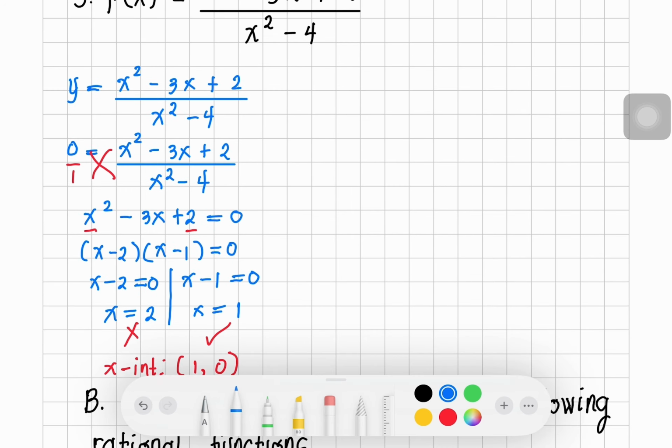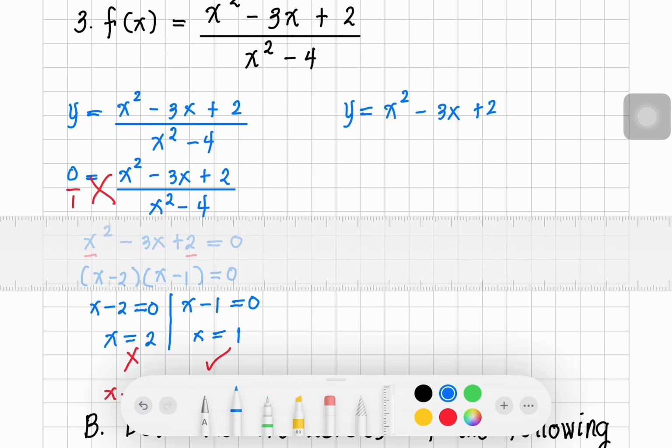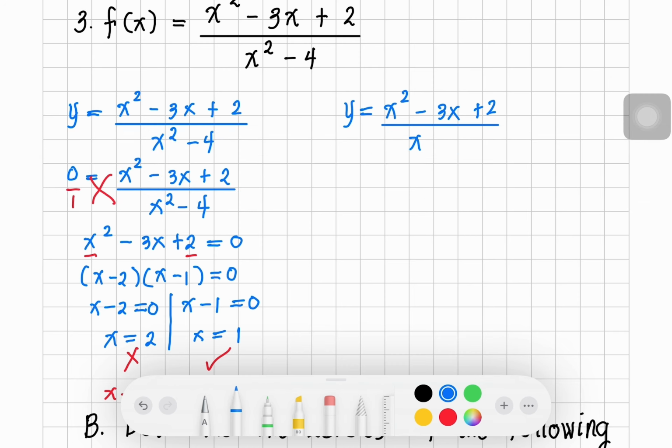Now, for us to solve for the y-intercept, paano natin yon? To solve for the y-intercept, let x be equal to 0. So y is equal to x squared minus 3x plus 2, all over x squared minus 4.